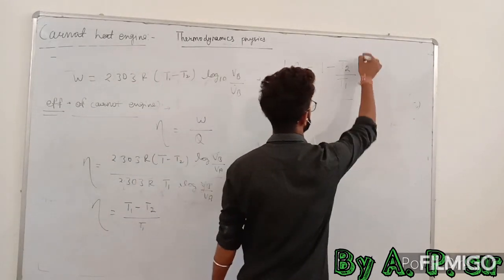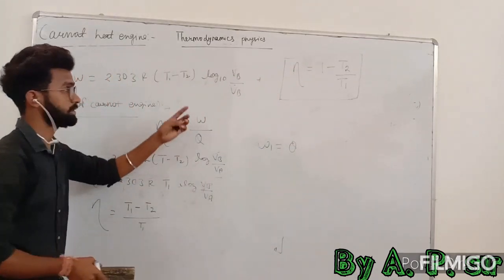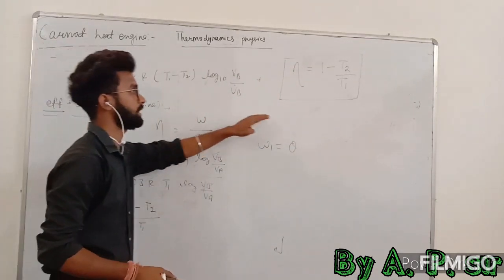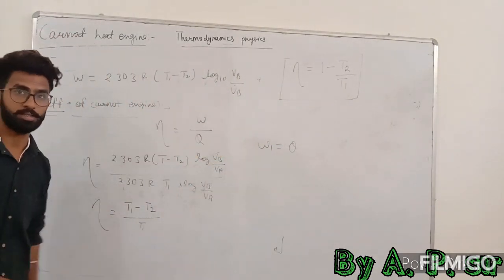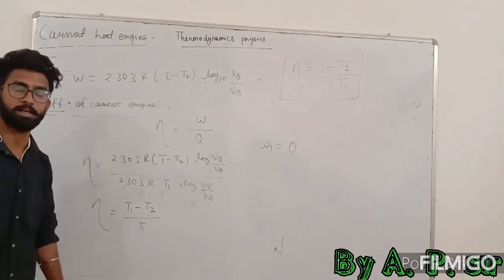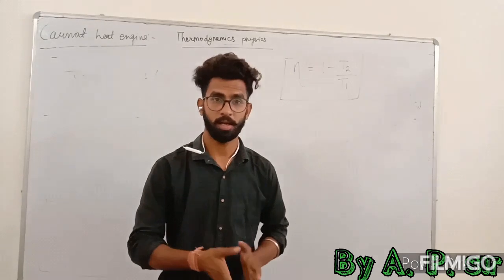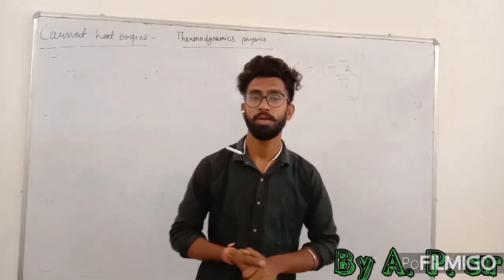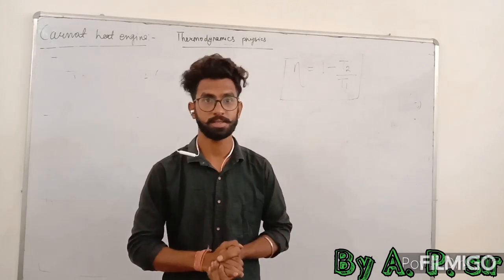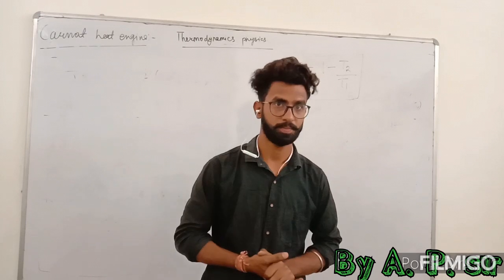This is the efficiency of the Carnot engine, the formula of efficiency of the Carnot engine: eta equals 1 minus T2 upon T1. This topic repeatedly comes up in thermodynamics physics examinations, so this is the important topic of this unit.